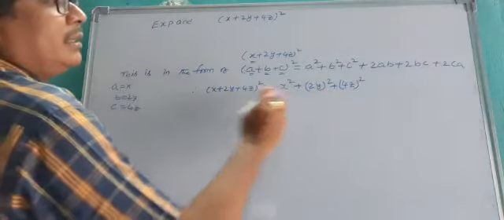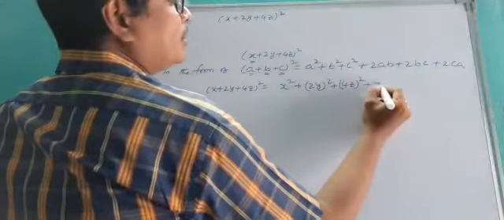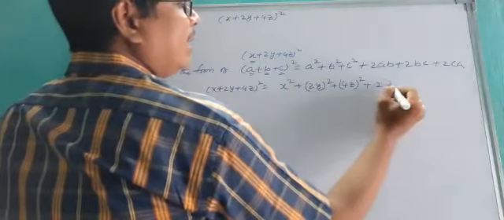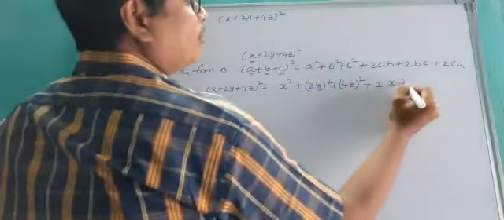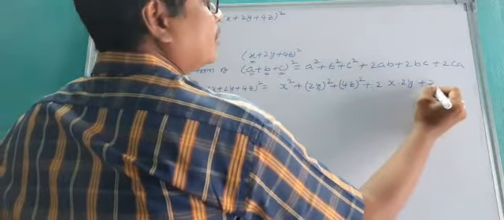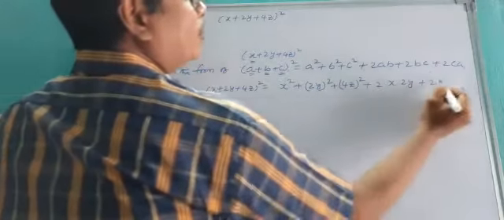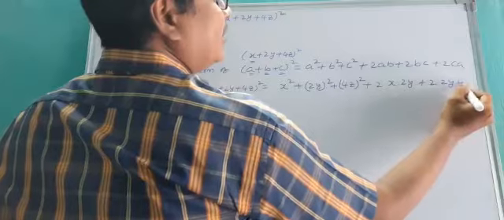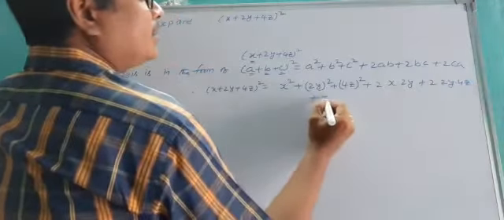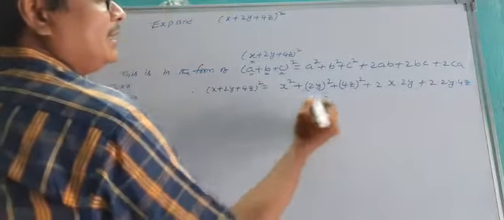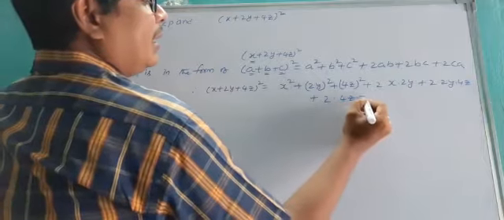Okay, plus 2ab, 2 into x into 2y, plus 2bc, b equal to 2y and c equal to 4z, plus 2ca, c 4z and a x.